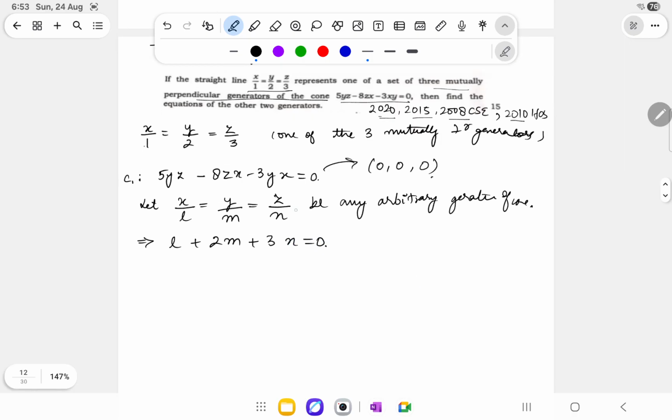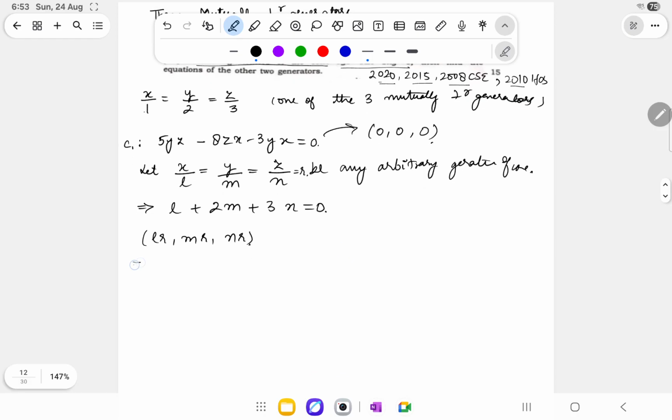Also, if this is any mutually perpendicular generator, I can equate it with r. So any arbitrary point on generator will be LR, MR and NR. This point must also lie on the cone, so I'll substitute the coordinates in the equation of cone.